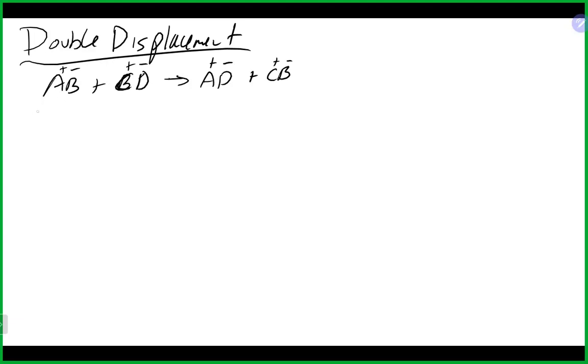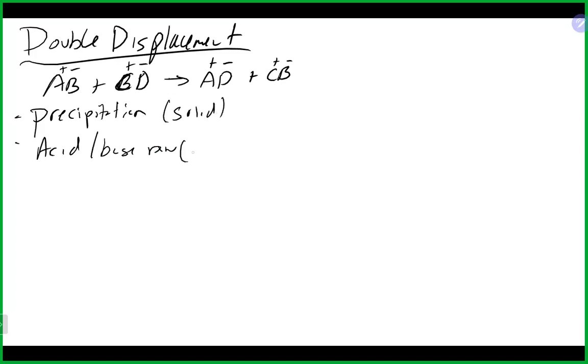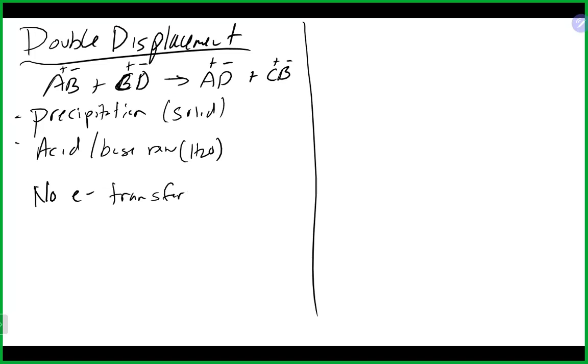In this case, under here, we have more specific classifications, which is a precipitation reaction and an acid-base reaction. And as we talked about, this makes our solid, and this makes our water, basically. Now, no electrons are being transferred here. On the other side, we have redox reactions, which is all about electrons being transferred.